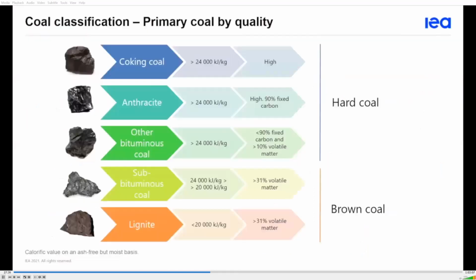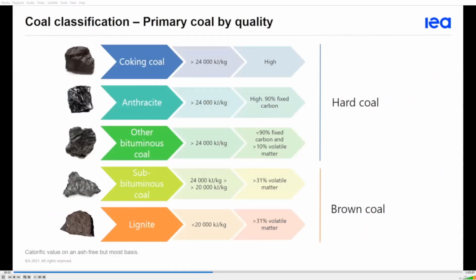Now, if we have a look at the classification in our methodology, there are several ways, because of historical and scientific reasons, of classifying coal. In our methodology, we try to do it by quality of the coal. So you would have here hard coal or brown coal, describing their physical aspect.